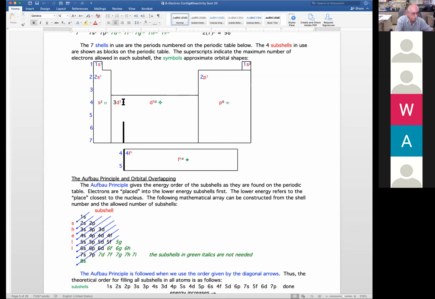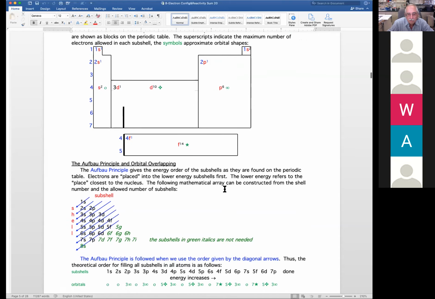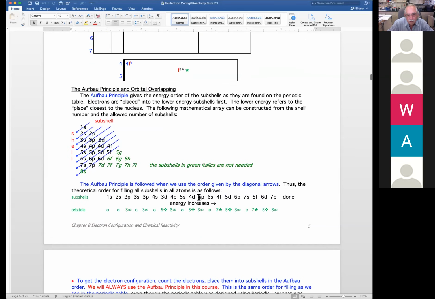That's what it says right there. Scandium is 3d1. That's just the way it is on the periodic table. So then you end up getting 4p over here. So that is the same order that we get here.